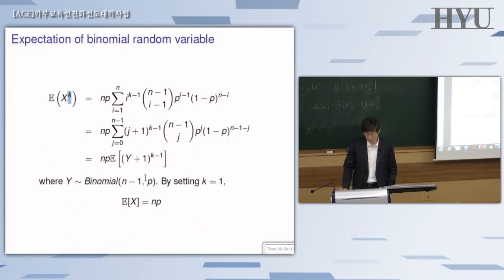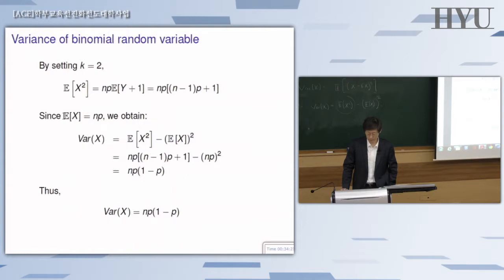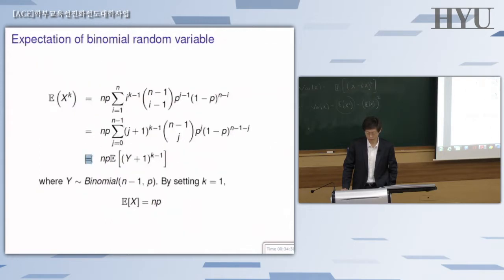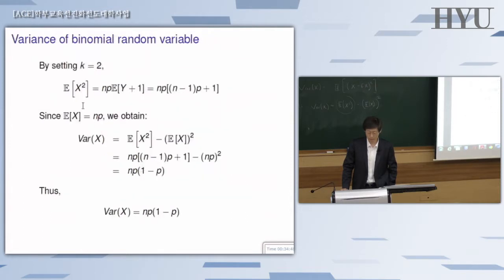But then you have to plug the same number into the other k on the right hand side. So that's nothing but n times p times expectation of Y plus 1. Right? If you set k equals 2, the expectation of X squared is nothing but n times p times expectation of Y plus 1. First equality coming right from this one, just plugging 2 into this k here, another k there, and that will give us this.